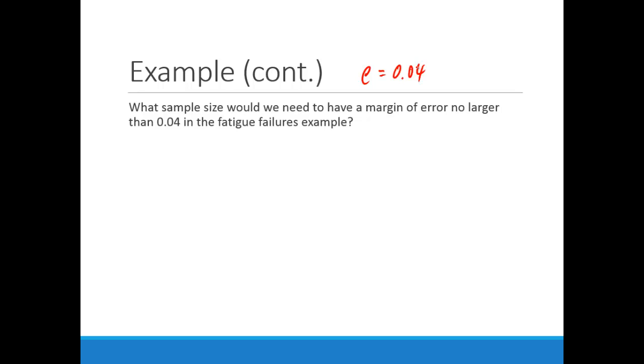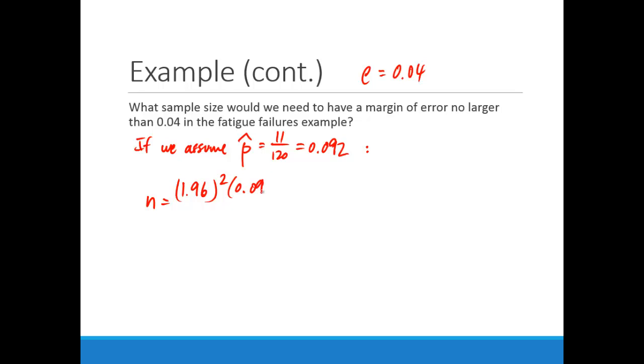Let's say, first of all, we assume that we know what p hat is still, that p hat is what we found, 11 out of 120, which is 0.092. Then the sample size I need is, z alpha over 2 is 1.96 squared times 0.092 times 1 minus 0.092, divided by my margin of error squared.